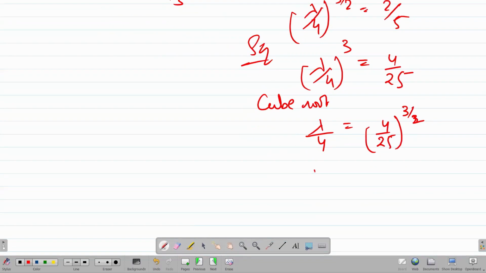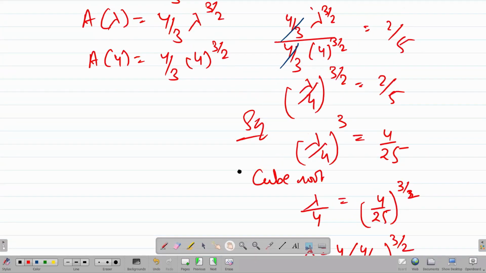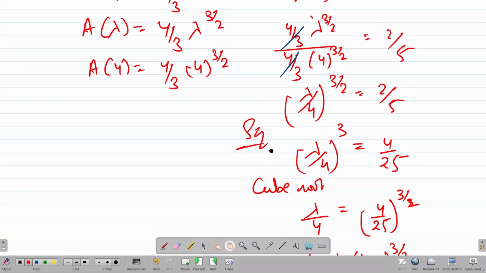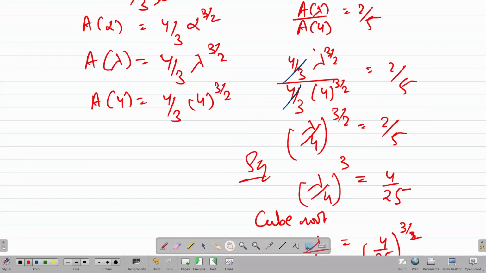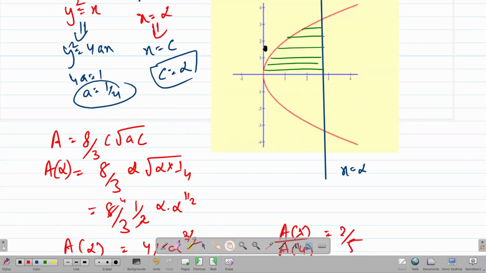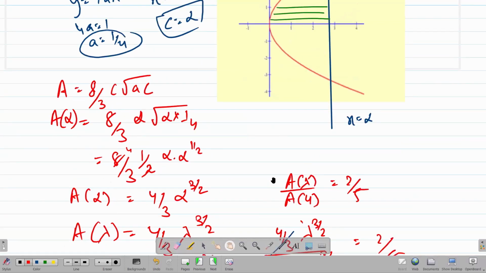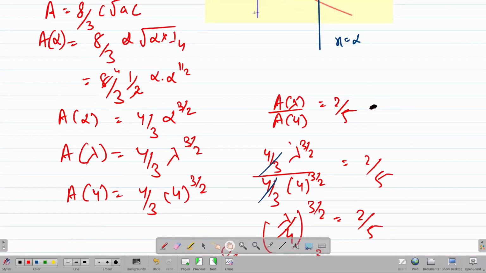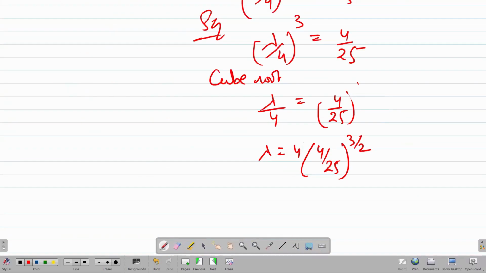On further solving, I get lambda is equal to 4 into 4 by 25 whole to the power 1 by 3 as my value of lambda. So my desired option is option C, right?